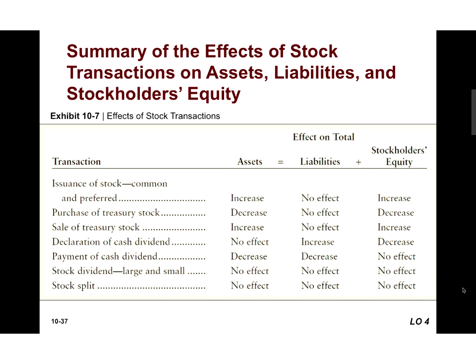If I were studying this, you could actually put each of those lines on an index card if you're doing flashcards, if that's one of the ways you study. Each of these lines could be a flashcard. These are good things to know, that if we purchase treasury stock, it decreases assets and decreases stockholders' equity.